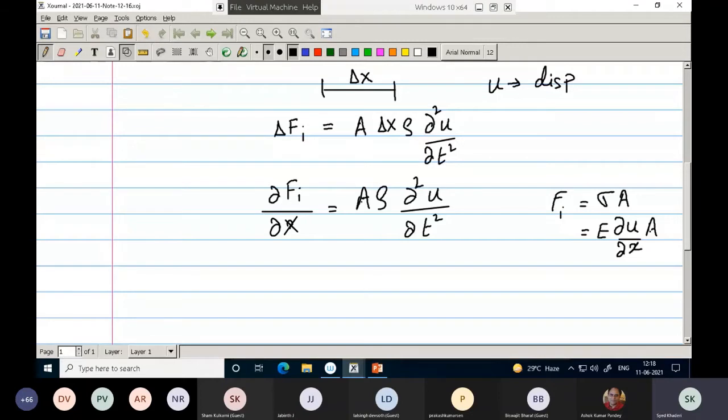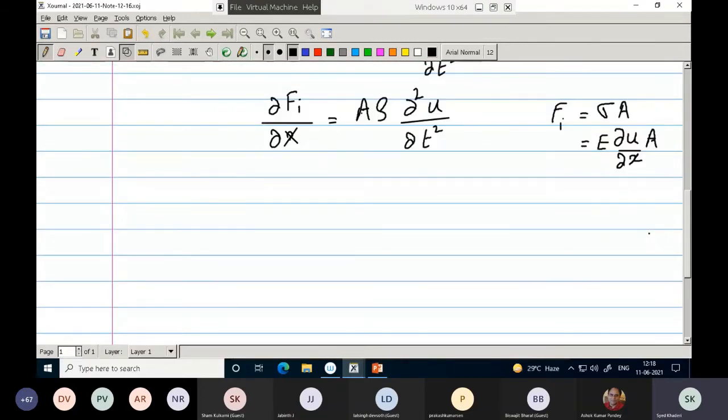That's my internal force. Once you plug it in here, we get the gradient of E A du dx equals area times density times the acceleration term.